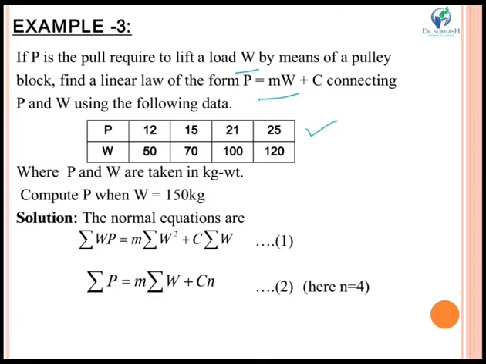Here we are given the values of P and W, where P and W are taken in kilogram weight. We have to find the value of P when W equal to 150 kg.